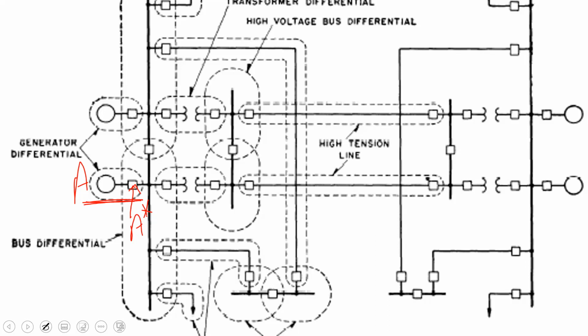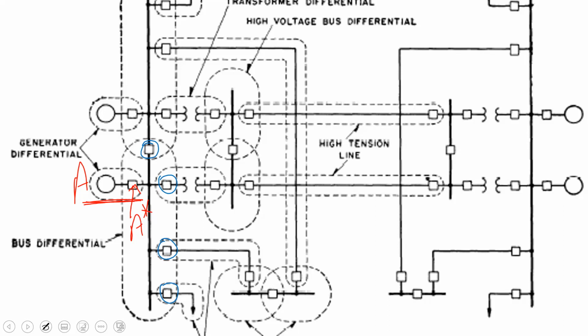All right? If A star does not operate or doesn't operate quickly enough, then the following breakers are going to open. All of these that I have circled in blue would then open because the fault is no longer a generator fault, but it would be escalated to becoming a bus fault.